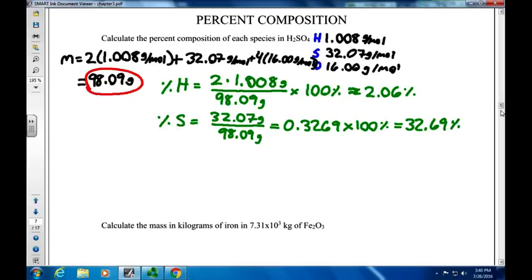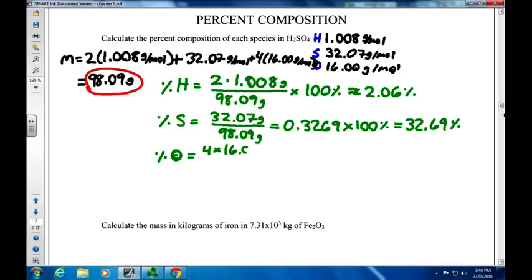And finally, the mass of oxygen as a percentage. Is 4 times the mass of oxygen.